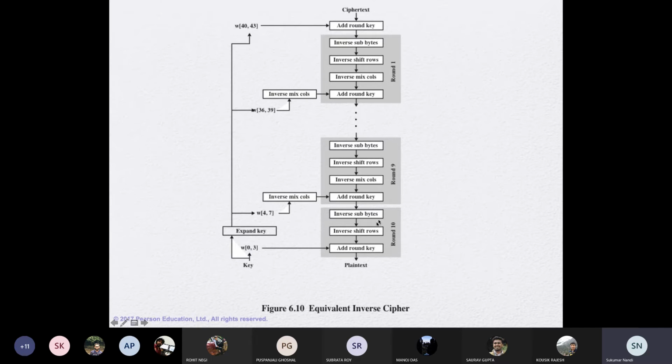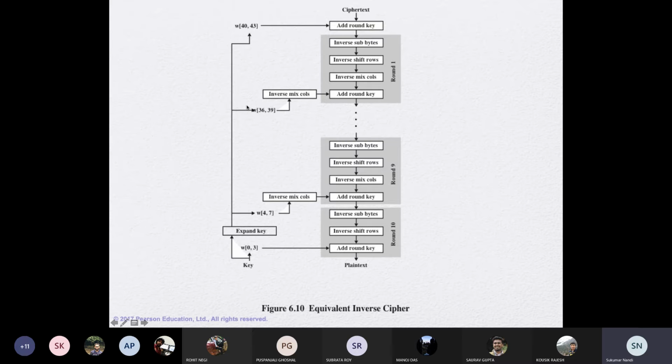So if we want to convert it into a symmetric or similar form, then these two places interchange. The add round key and mix column require interchange, and automatically an additional task has to be done in inverse mix column with add round key to make it symmetric.